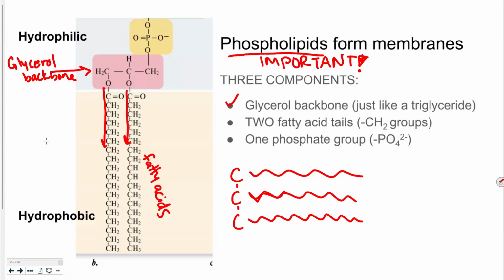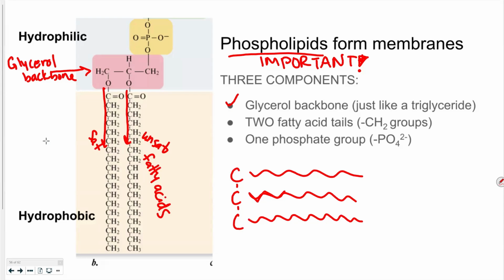And these, remember, can be either saturated or unsaturated, like this one. This one is saturated because we're all single bonds, all the way down. Okay.